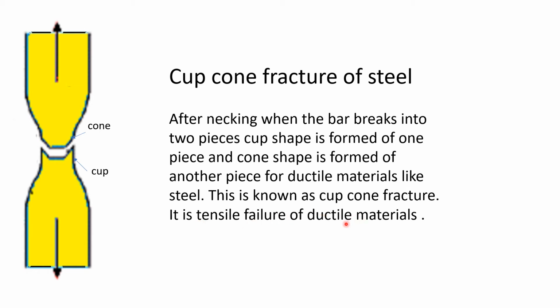More of ductile material we will learn in the next video. Here what you remember is how the cup cone fracture looks, and we can observe this failure in the practical when you actually perform the test. So this is a tensile failure for ductile materials. In the field, when some failure takes place, you can study the failure pattern, and you can make out that, oh, this is a tensile failure.